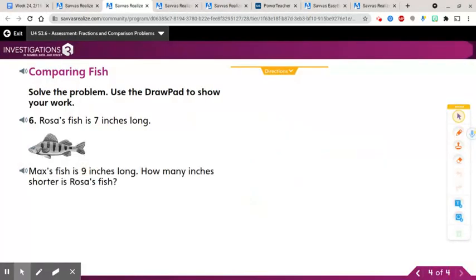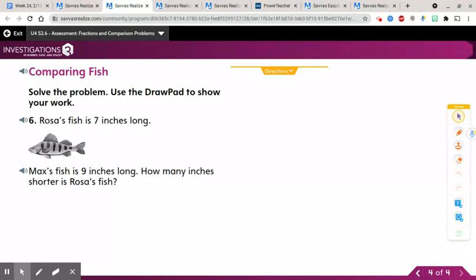All right, so I've got another one, and I want you to try this one on your own now. Okay, so this one says, Rosa's fish is 7 inches long. Max's fish is 9 inches long. How many inches shorter is Rosa's fish? So take a minute, make sure you build it first, make sure you check it more than one way.